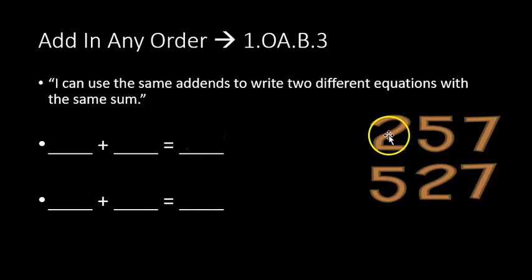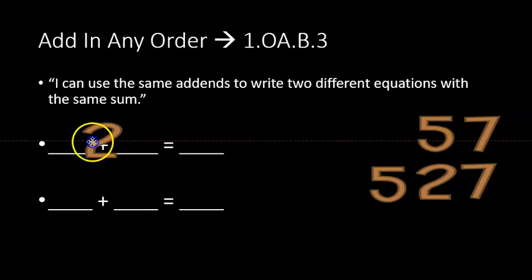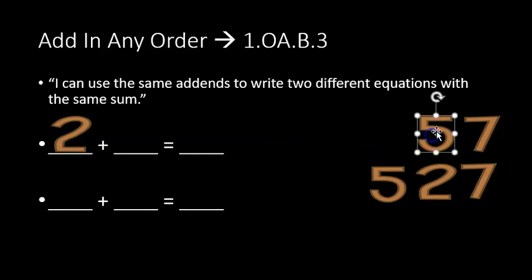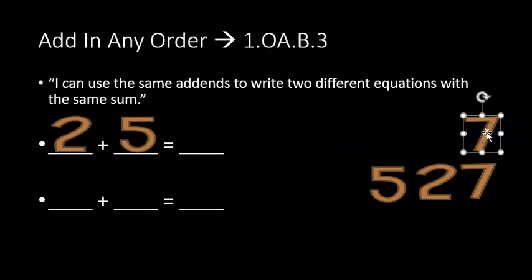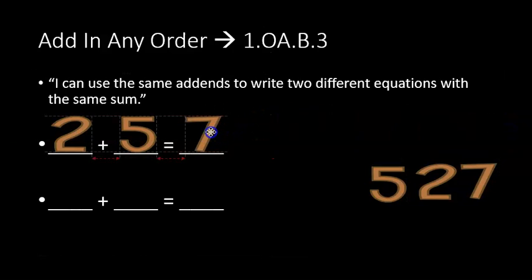So 2 and 5, we're going to have to put them here. So watch Mr. Begay. I'm going to put 2 right there. 5 goes right here. And we said 7 is the biggest number. So that's going to be our answer there. So look, 2 plus 5 equals 7. And that is true. So our first addition equation is complete.